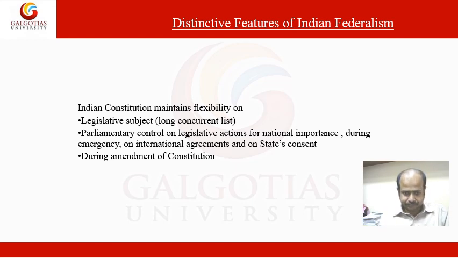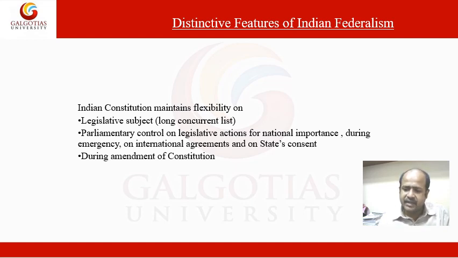And during the amendment, there is a chapter in the Constitution we have to study in detail. We will see there are three types of amendments, and in those amendments you will see it is very flexible in nature. We have seen that in a federal constitution one of the important provisions is rigidity.